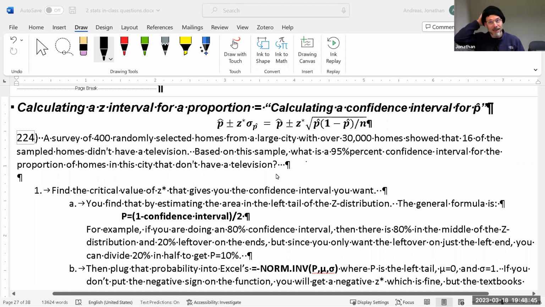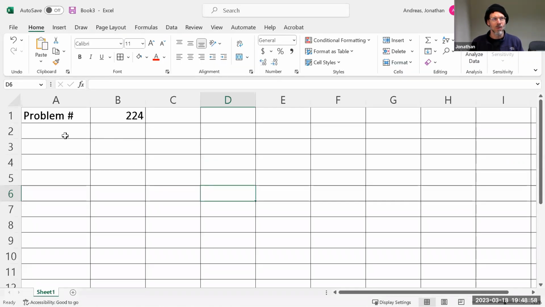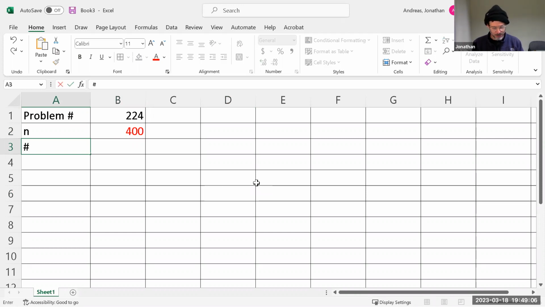Well, what we have is 16 successes out of the 400. And so we divide 16 by 400 to get the proportion. That's the first thing we need to do. So n is 400, and the number of successes is 16.